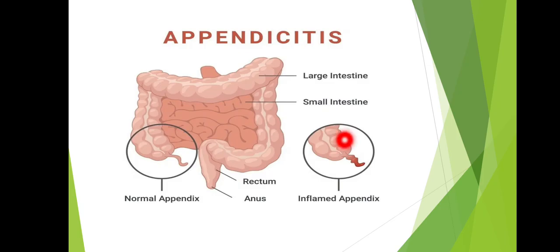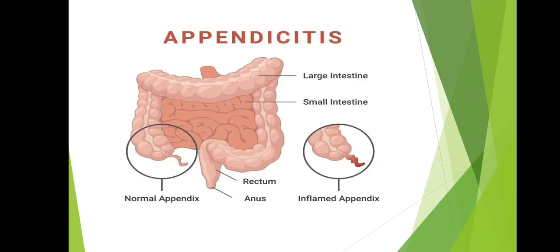So when it gets to be inflamed, it looks like this. You can see here, this is the normal appendix, but when it is inflamed, it looks kind of like this. You can see here.